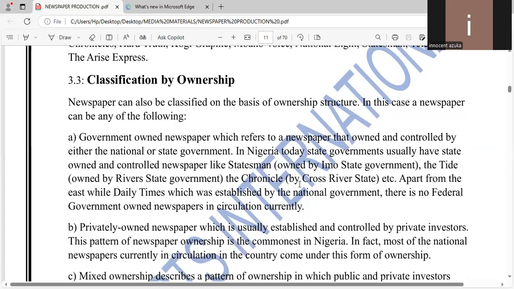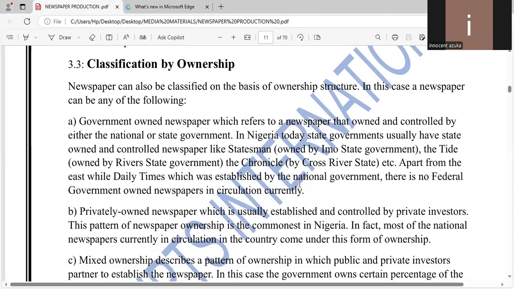One is a government-owned newspaper, which refers to a newspaper that is owned and controlled by either the national or state government.